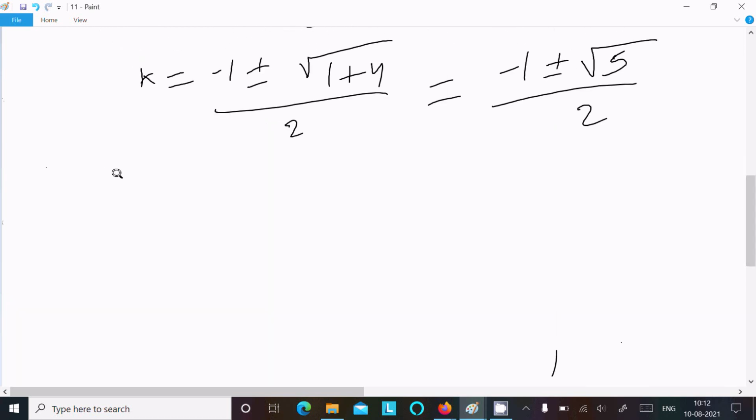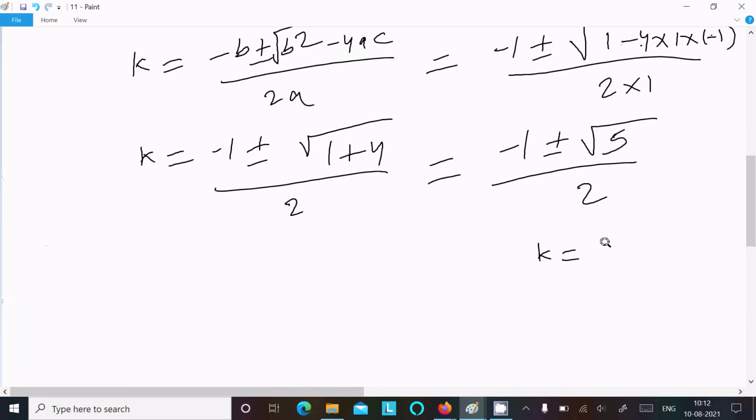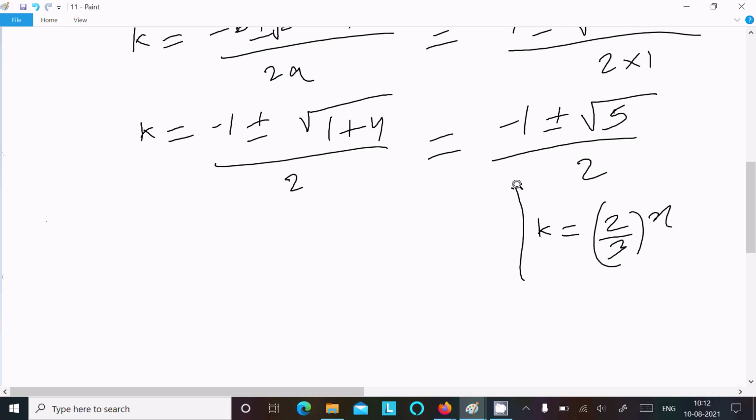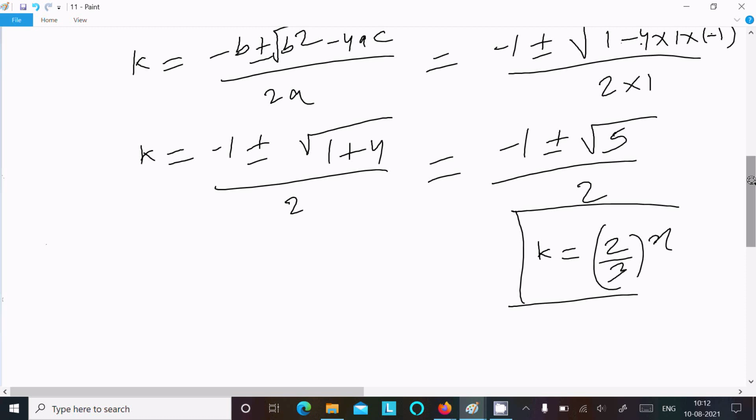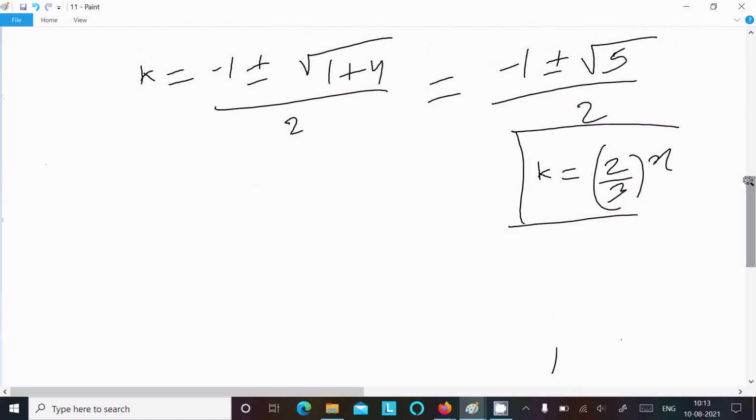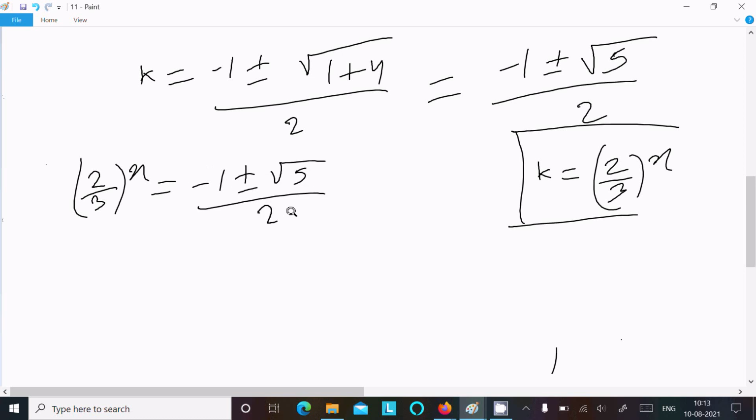So here we can write k, which I assumed to be (2/3) power x. Now we can write (2/3) power x equal to minus 1 plus or minus root 5 divided by 2.